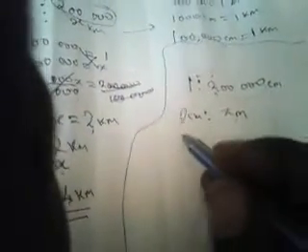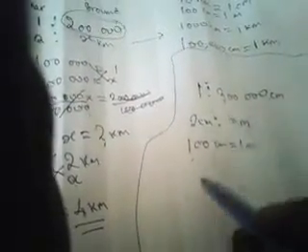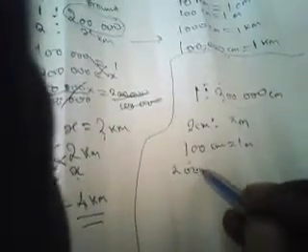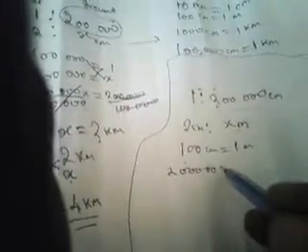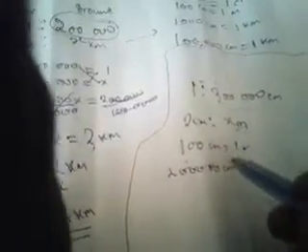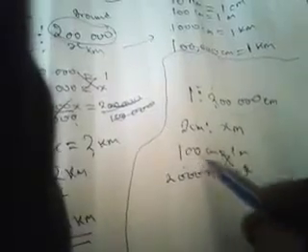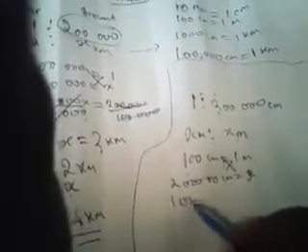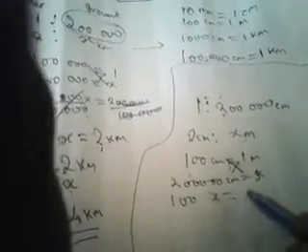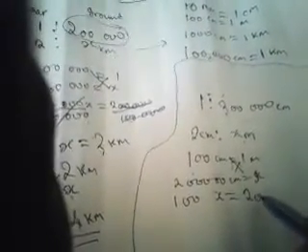What about 200,000 centimeters is equal to x. We change it to meters. Here you just have to cross multiply as usual. 100 times x, you're going to have 100x, which is equal to 200,000 times 1, to come back the way it is.